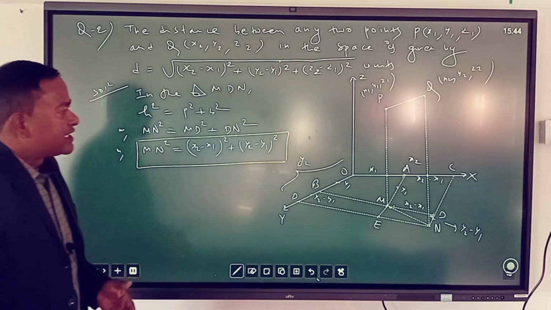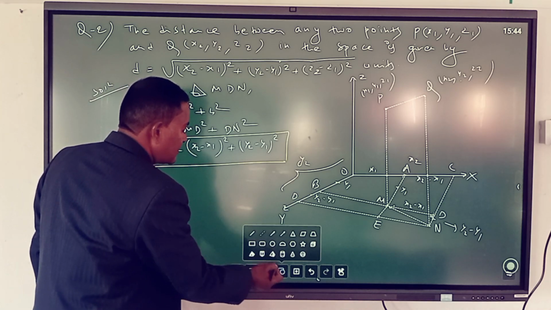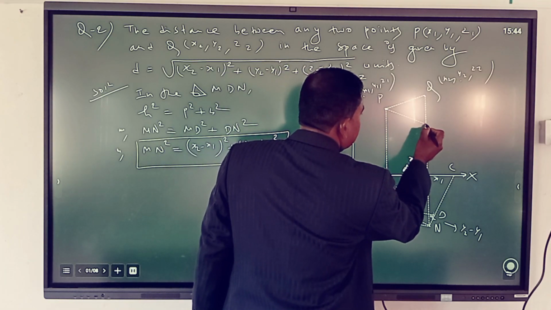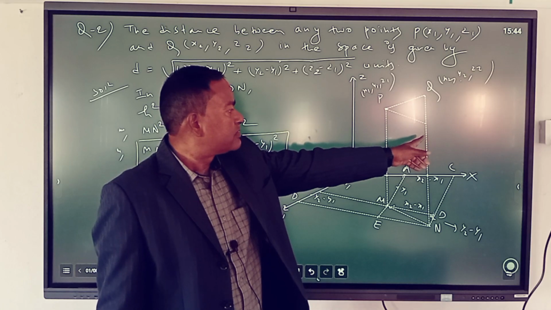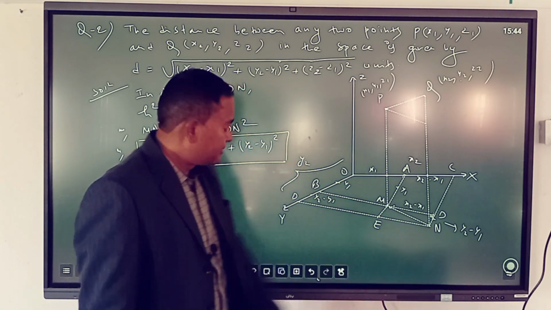Now, let's take one more construction. Dear student, from the point P, let us draw a perpendicular line to the line QN.